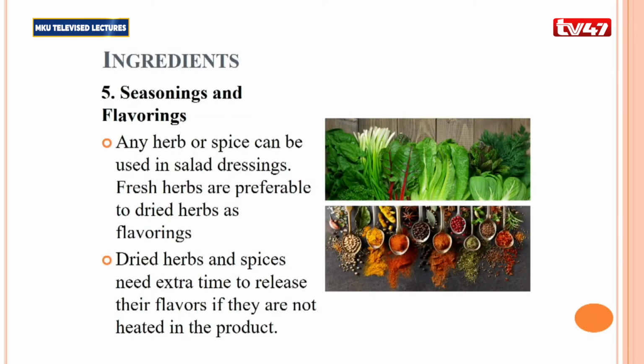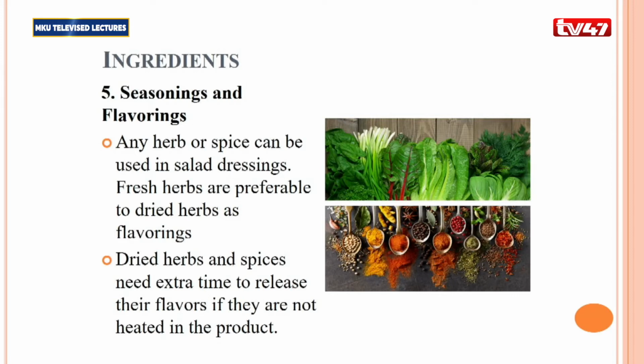Okay. Now, another type of ingredient that we use is the seasonings and the flavorings. These are important so that your salad can have a taste, or flavor. We usually have things like herbs. We have fresh herbs and spices, and they are usually the best because their flavor is produced immediately.